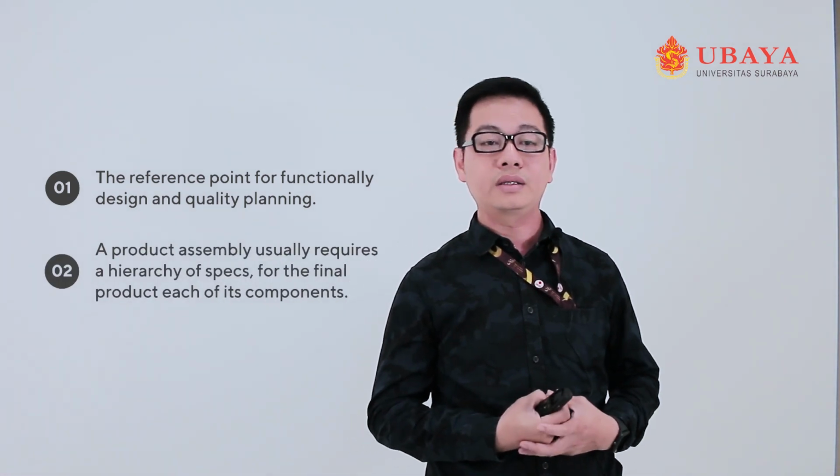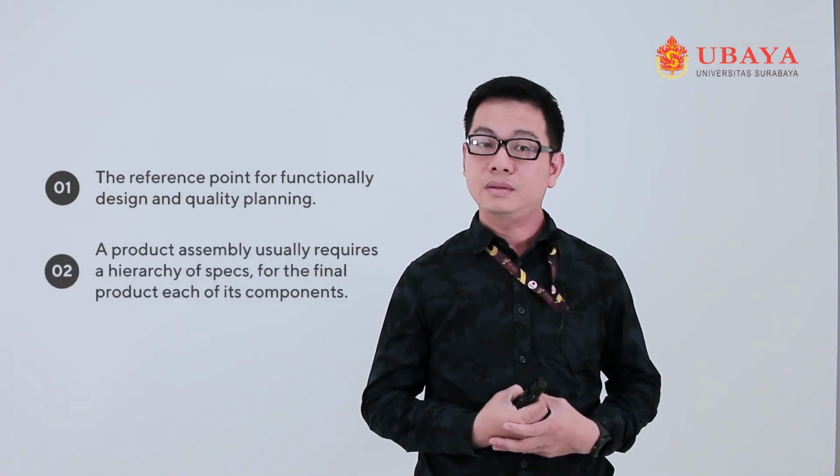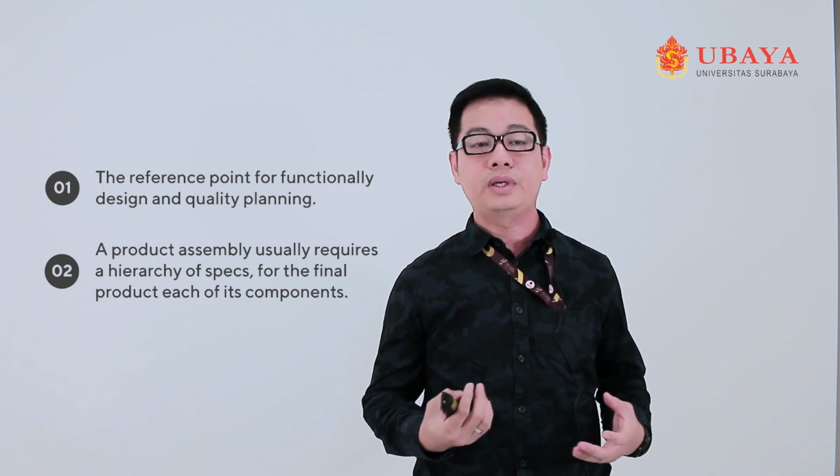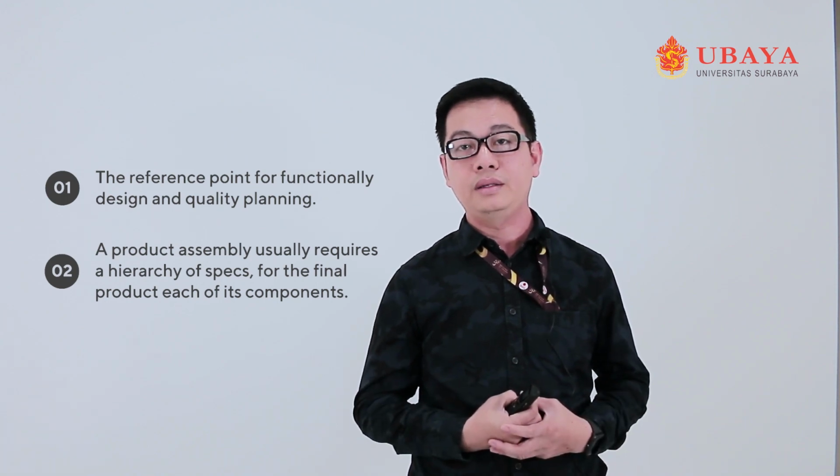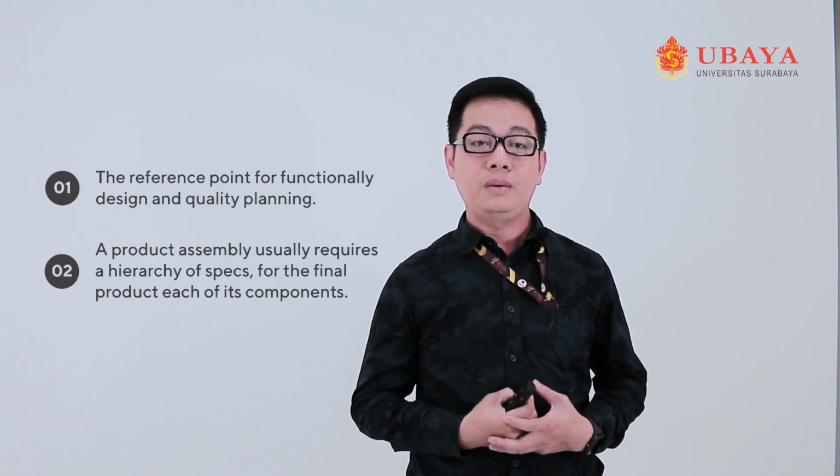And the product assembly usually requires a hierarchy of specs for the final product and each of its components. So again, your customer will ask you, is it a good product or not? Good product or not is sometimes valued through a set of specs.